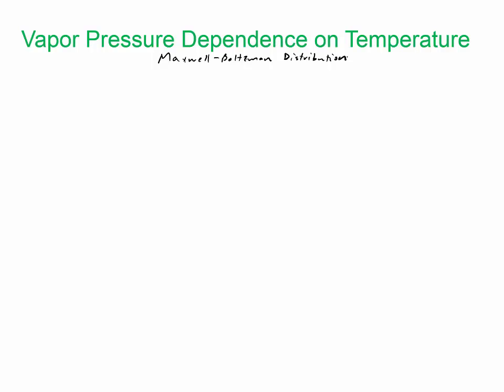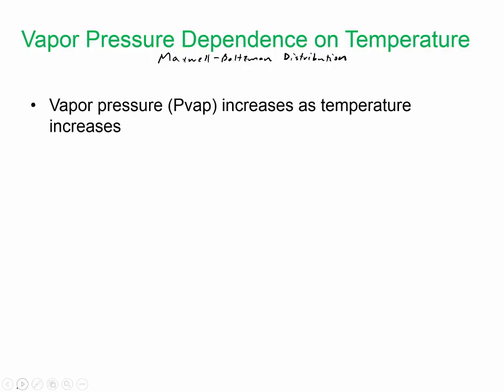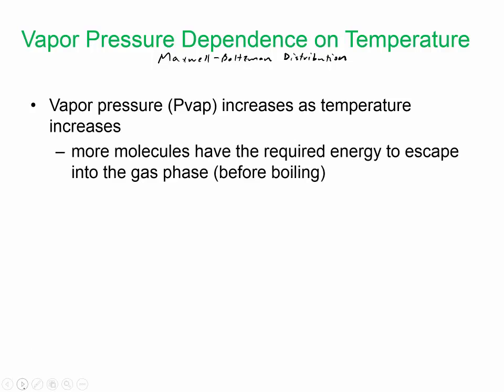They refer to it now when they describe vapor pressure. And they're going to refer back to it again when we get to kinetics and catalysts. So vapor pressure increases as temperature increases, and we'll show a distribution curve to explain why.